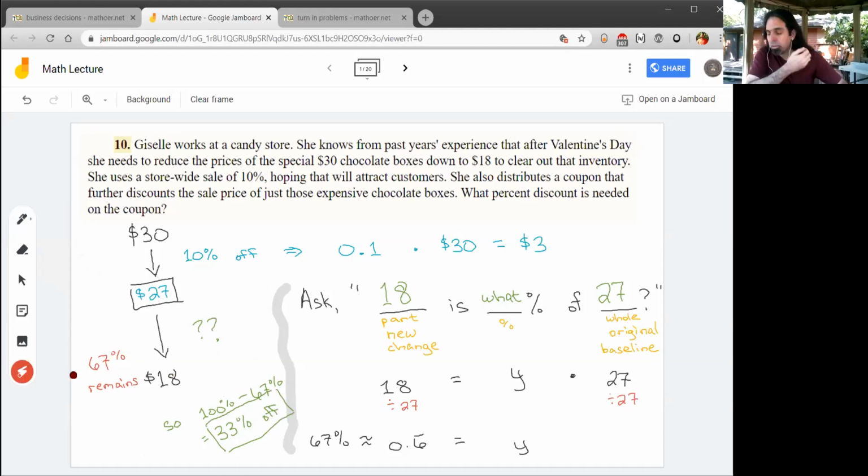If you're good at factoring, you can see there's just 3 nines in 27. 2 of the 9s went to the 18. The other 9 was what was removed by the coupon if it works the way it's intended.